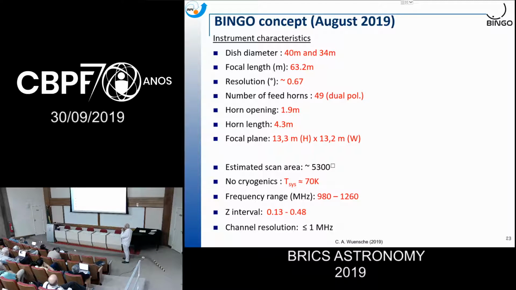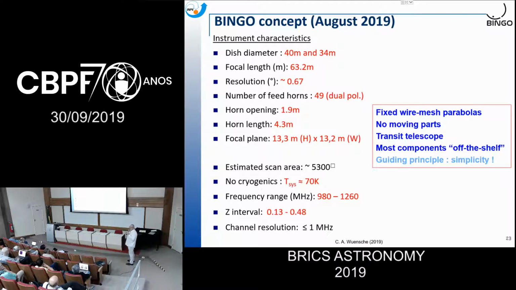So you cover this area in square degrees, roughly 1/8 of the sky. We don't use cryogenics because it makes things much more expensive, much harder to control. That's the working frequency for BINGO, redshift interval, channel resolution for the data analysis.